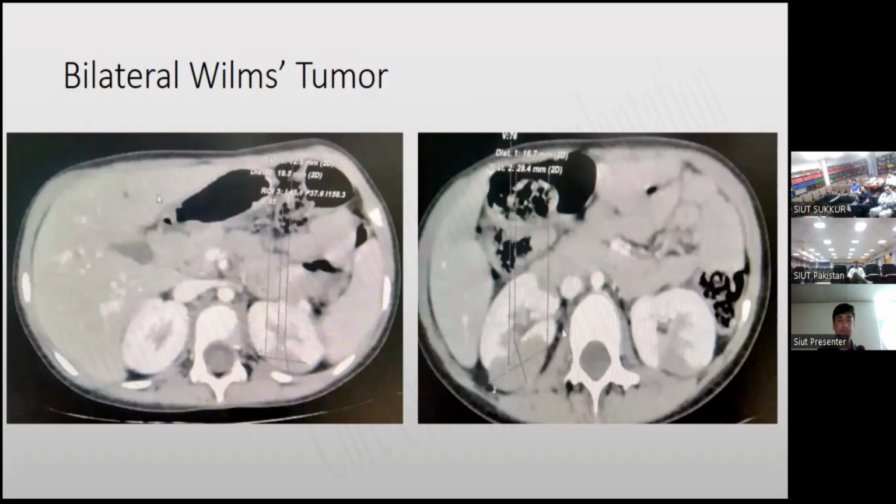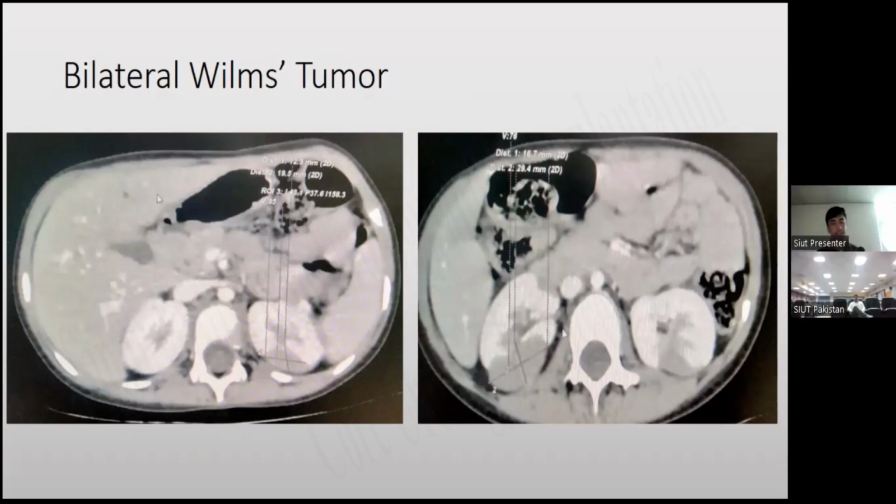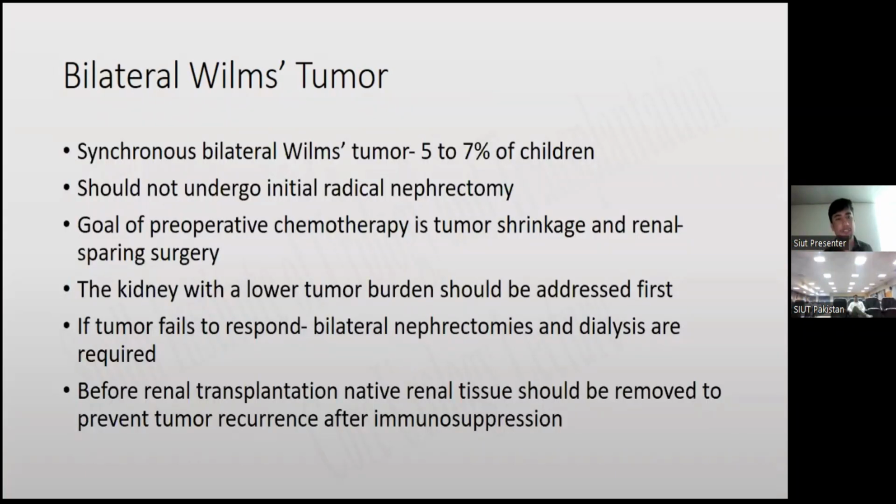So bilateral Wilms tumor. This is a case of bilateral Wilms tumor, where in the arterial phase of the CT we can appreciate bilateral masses in both kidneys. This patient had received preoperative chemotherapy after biopsy.